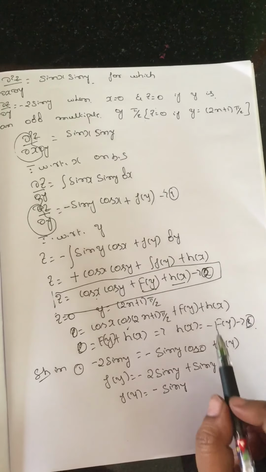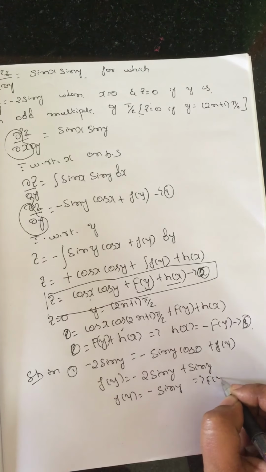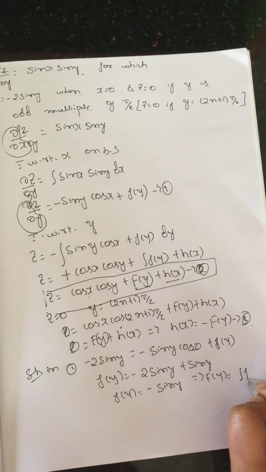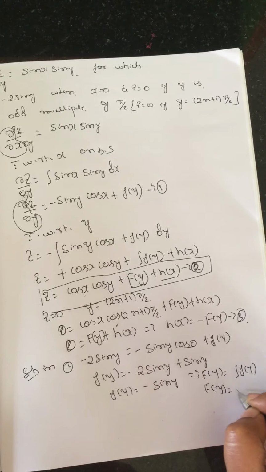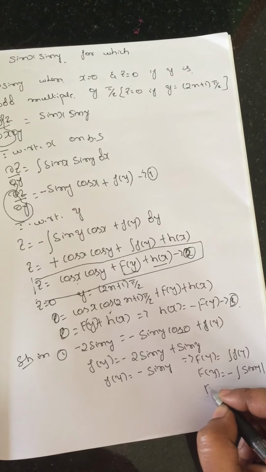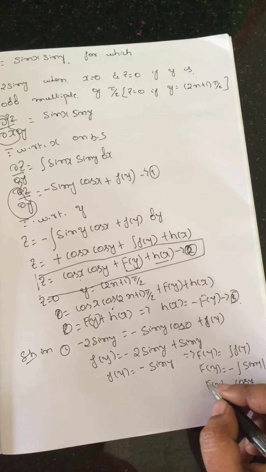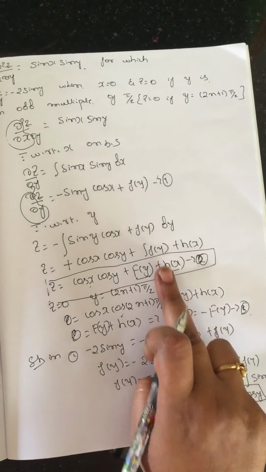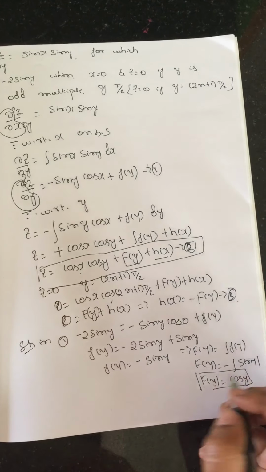Now I need the capital F of y value, but we know that capital F of y is the integral of f of y. That is capital F of y is equal to minus the integral of sin y; the integral of sin y is minus cos y, so we get plus cos y. Substituting this value in equation 2, we know that h of x is equal to minus capital F of y.